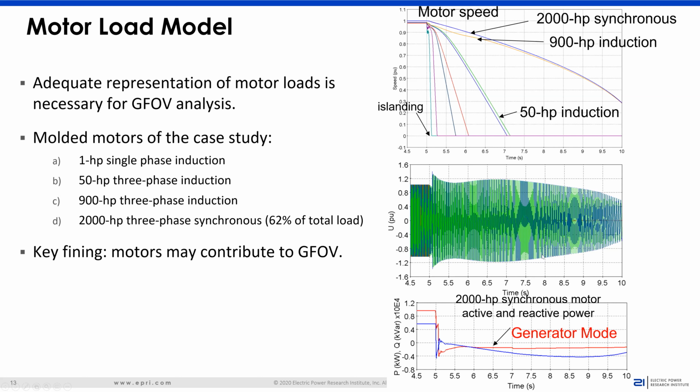So the conclusion was that if substantial amounts of motor loads exist, they need to be represented in detail. Even with no PVs, motors contribute. And for the arrestor model, basically, we generated the VI curve.